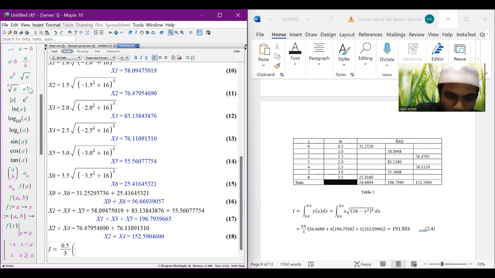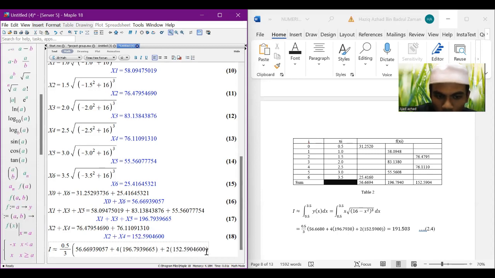And then we need to insert the values that we calculated before, which is this plus 4 times this one for the second step, and plus 2 times the sum for x2 and x4.